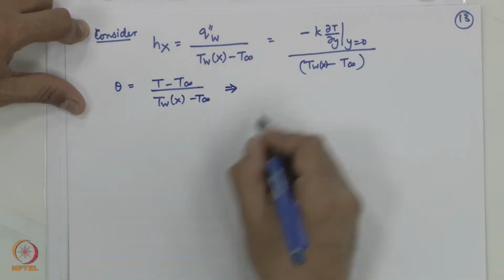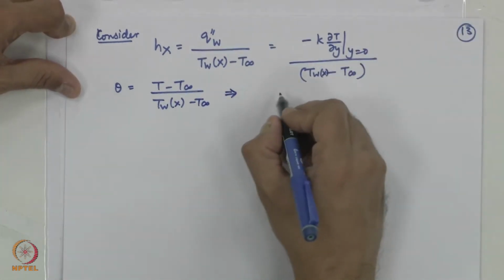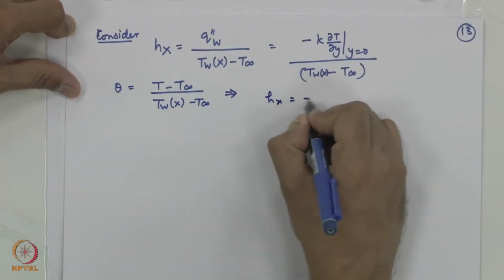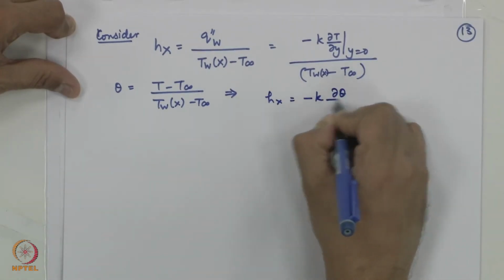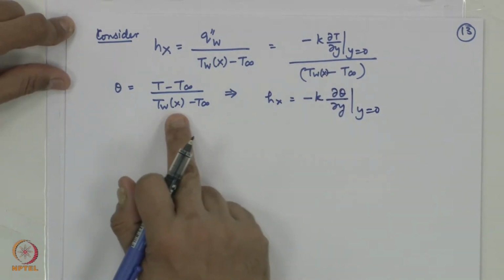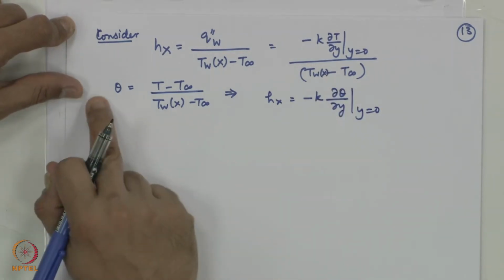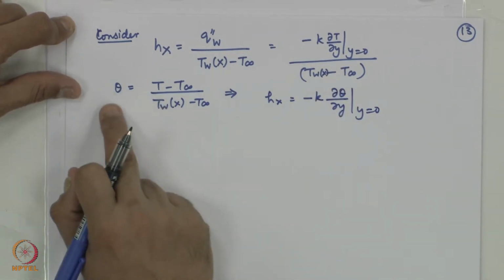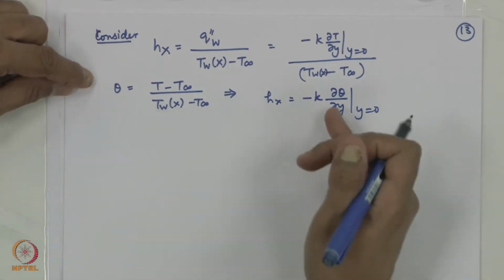Therefore, substituting for this, I would get hx is equal to minus k d theta by dy at y equal to 0. Here (T wall minus T infinity) is constant when you differentiate theta with respect to y, so you get this quantity.